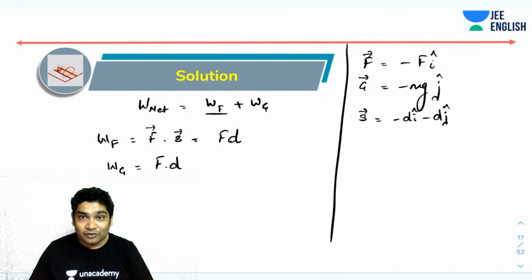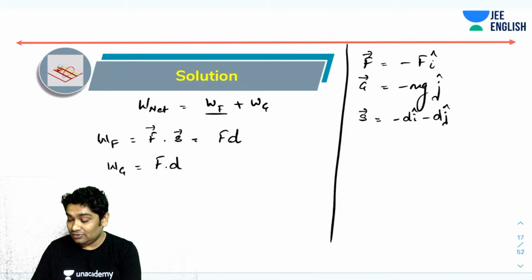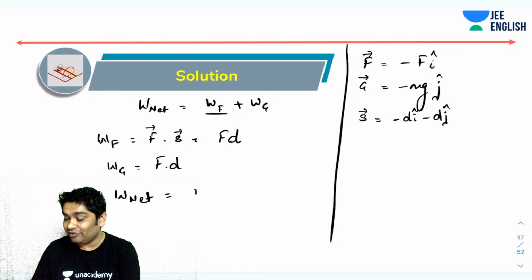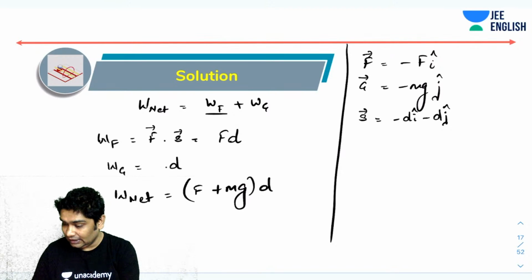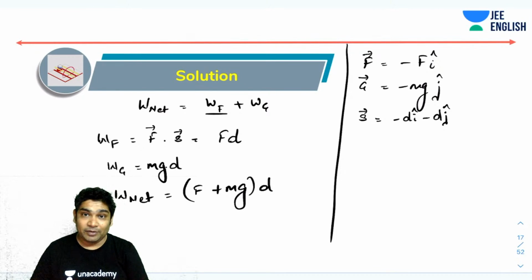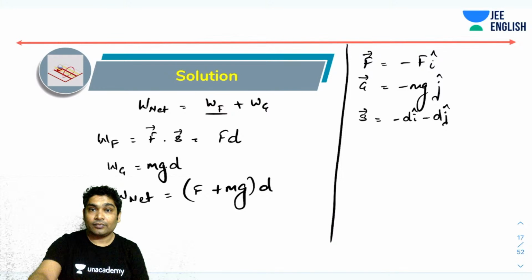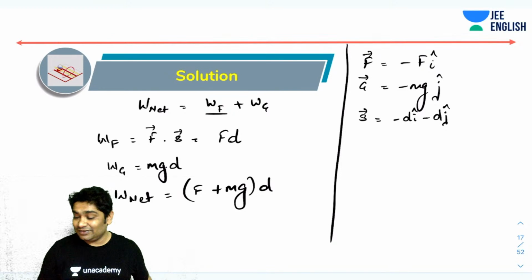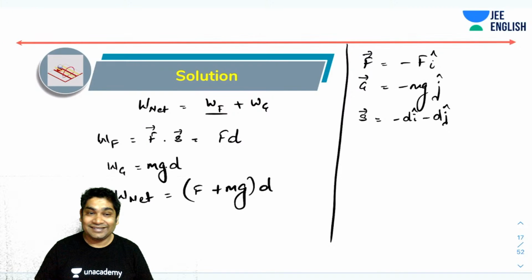So that is why we will realize that the net work done, W net, would have been F plus mg times d. Let me just correct that. Okay, I hope everybody followed this. Very, very simple. That is option number D.